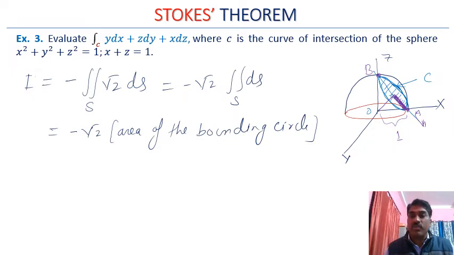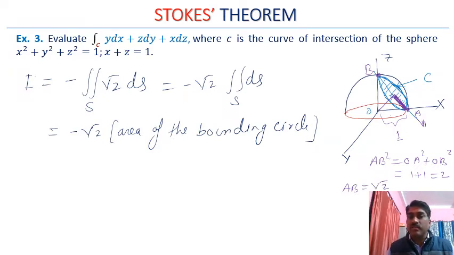This is also of length one on the x axis and one on the z axis. That means OB is 1 and OA is 1. So what is AB? AB square is OA square plus OB square, which is 1 plus 1, equal to 2. So AB is just root 2.